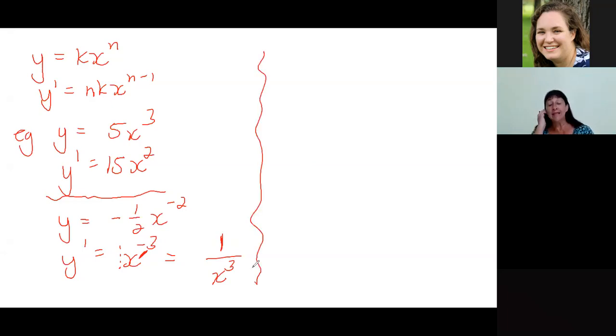Okay, so in essence, that is how the power rule works. But there are 2 little subsidiaries of the power rule. The one is that the derivative of kx is equal to k. In other words, if I only have an x term, x to the invisible 1, then the derivative of that term is its coefficient.